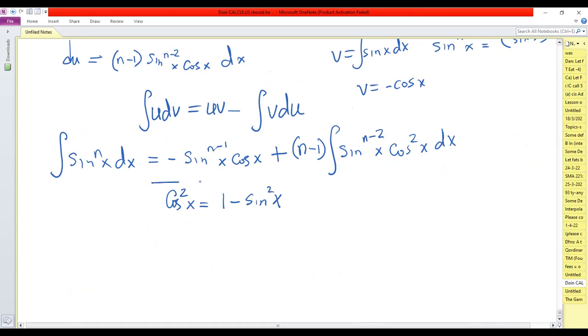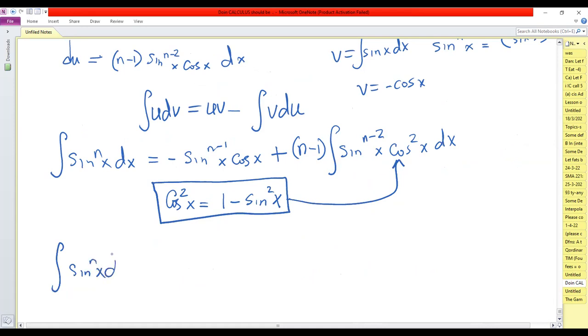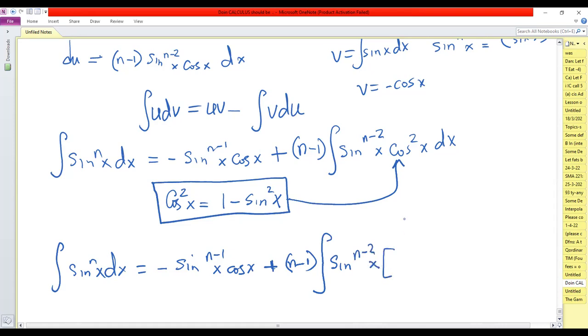So we are going to make use of this identity to rewrite this part so that the integral of sine power n x dx will be negative sine raised power n minus 1 x cosine of x plus n minus 1 times the integral of sine power n minus 2 x times 1 minus sine squared x, and then dx.